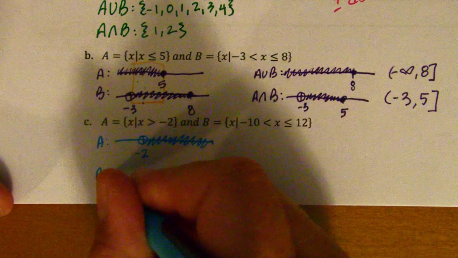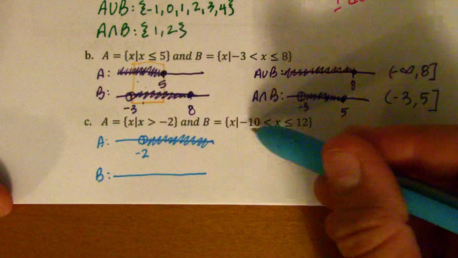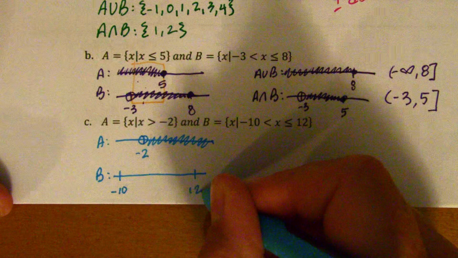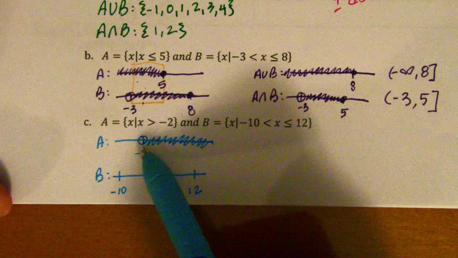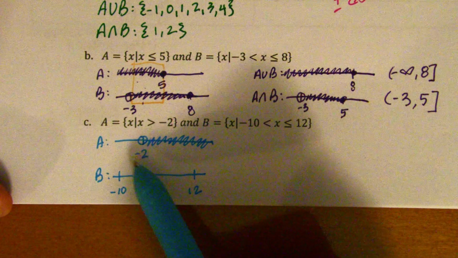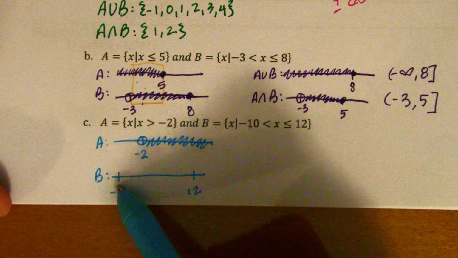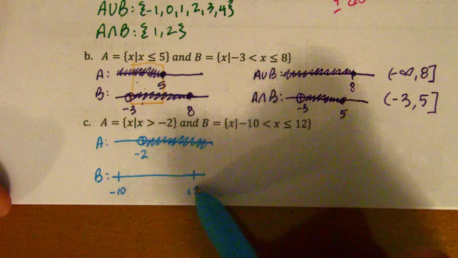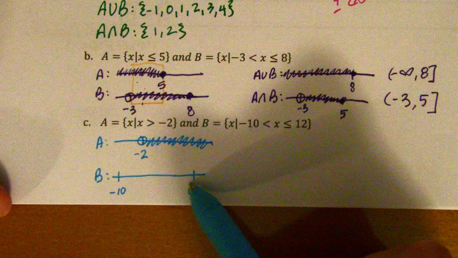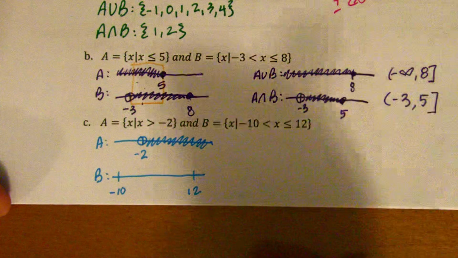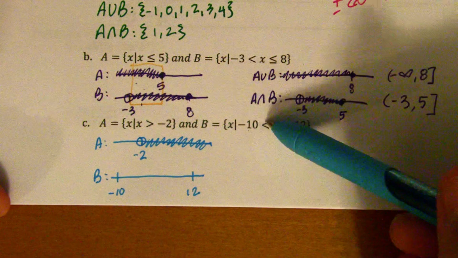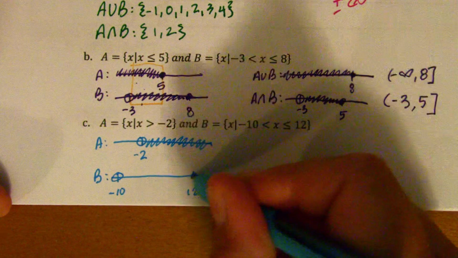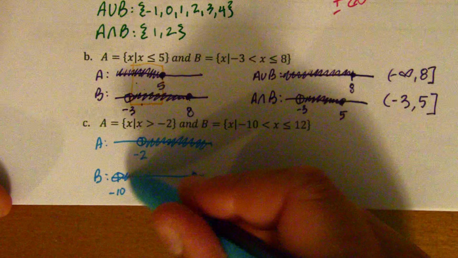B is -10 to 12, so -10 and 12, and you'll notice I'm not being precise, like exactly perfect with lining up my numbers here, but I know -10 is less than -2, so I want to make sure it's to the left of -2. 12 is obviously bigger than -2, so it's to the right of -2. -10 should be an open dot, and 12 should be a closed dot, and it's all the x values between.